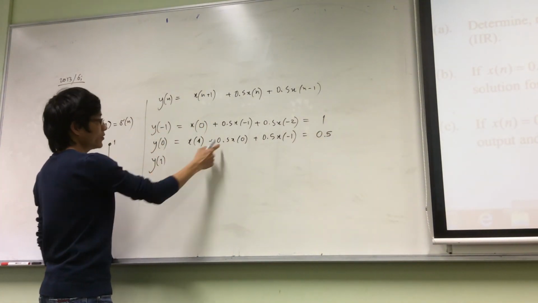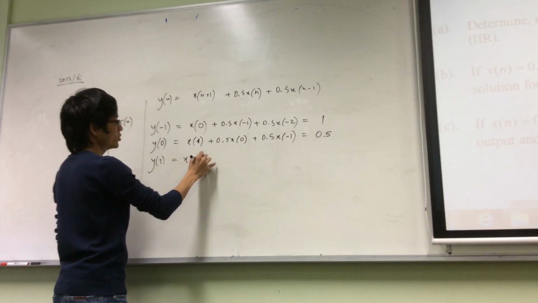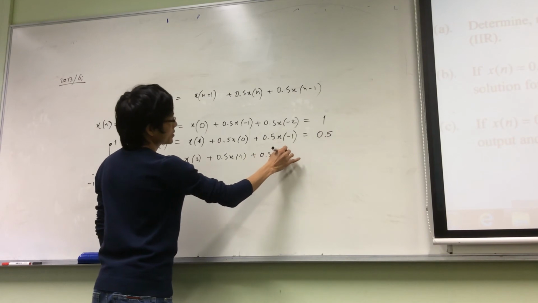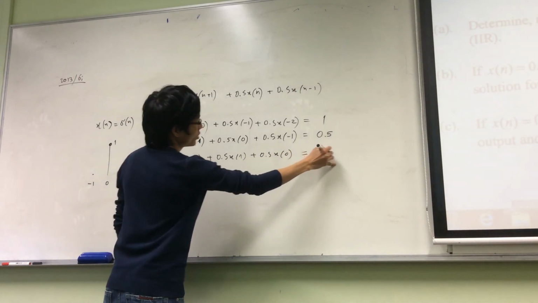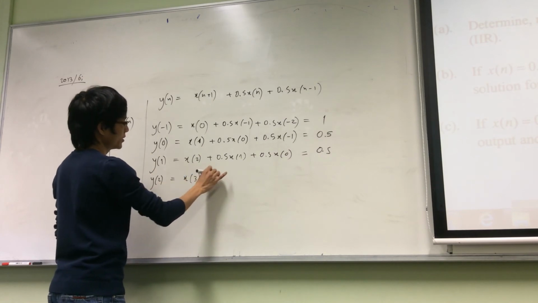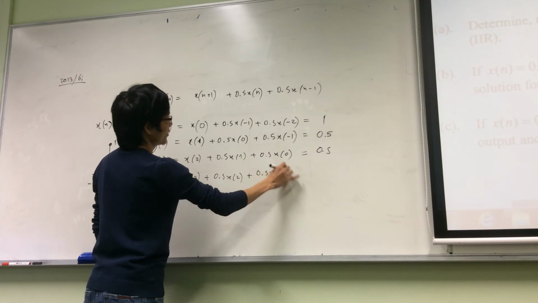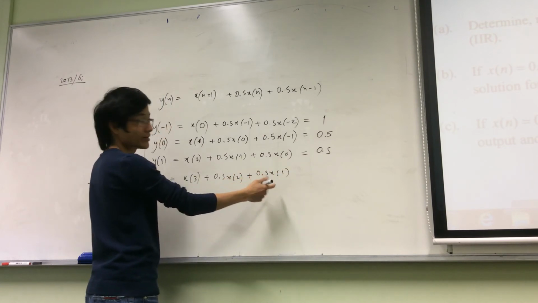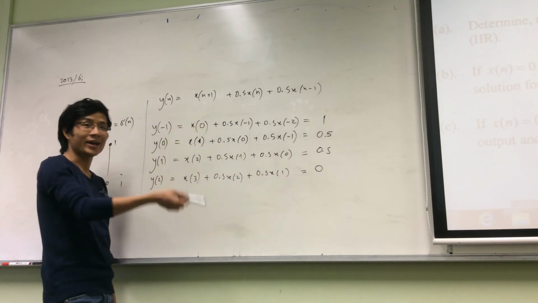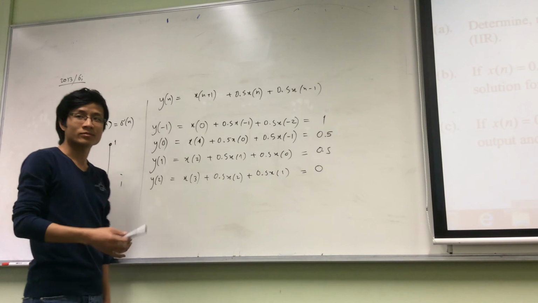Then y[2], x[3], x[2], x[1], 0, 0, 0. Now it's stable. So it is FIR, stable, not causal. Excellent.